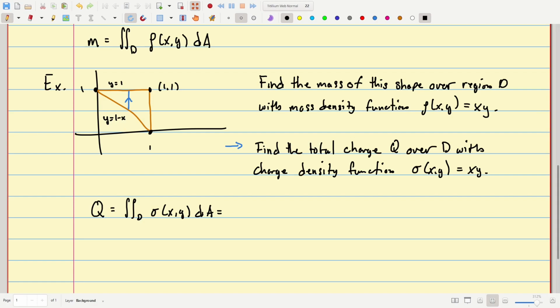There isn't anything stopping us from doing the problem the other way, as a type 2. It will work; we get the same answer. We have to, right? Fubini's theorem. But we'll do it the way that it was originally set up. Integral from 0 to 1, integral from 1 minus x to 1 of xy dy dx.